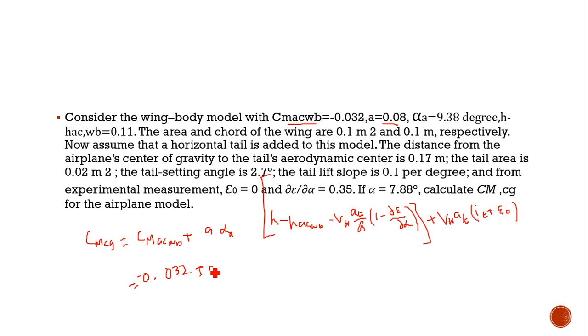So therefore 0.08 into alpha A, that is 9.38 into H minus HAC. Already they have given values for H minus HAC, that is 0.11 minus VH.